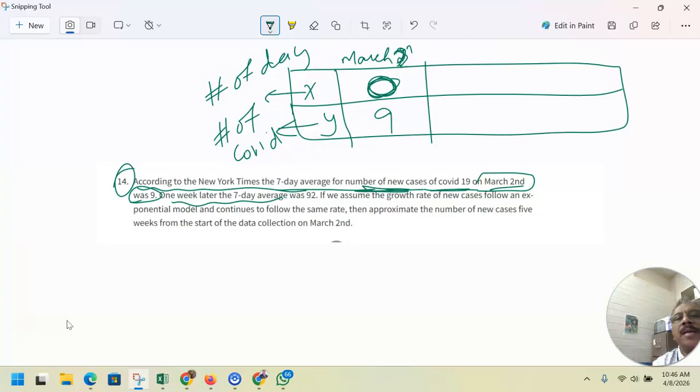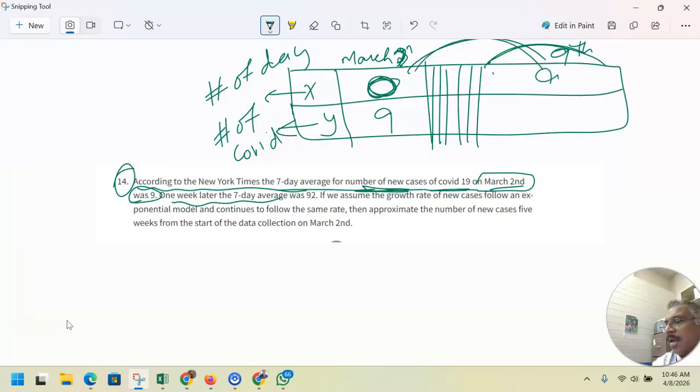And 1 week later, it means this is like 1, 2, 3, 4, 5, 6, and this is 1 week later. It means 7 days. From here to here is 2 plus 7, because 1 week is 7 days, so this will be 9. So on the ninth day, it is 9 here.